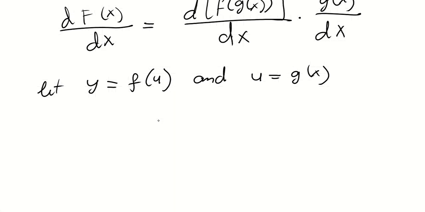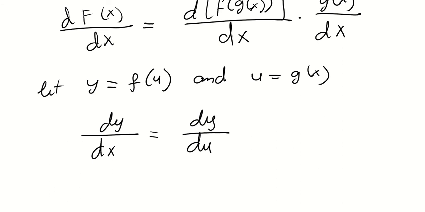So if we take the derivative of y with respect to x, now the derivative of f of u is just equal to the derivative of y, which is f of u, but we take the derivative with respect to u because it's in terms of u, f of u. But we know that u is equal to g of x.